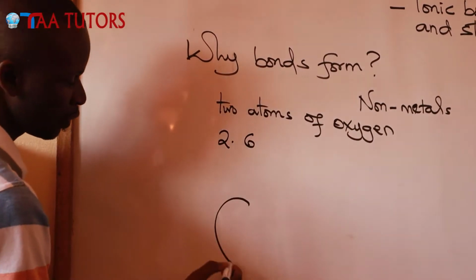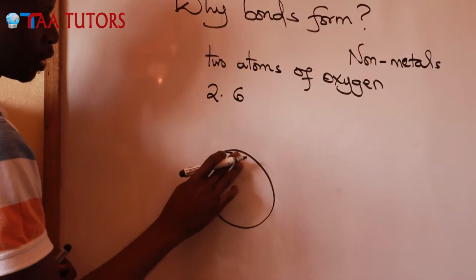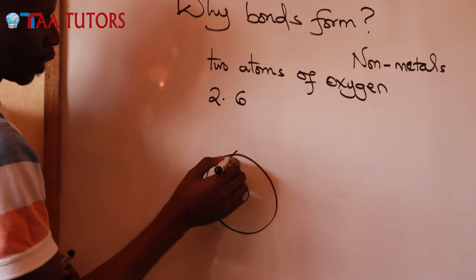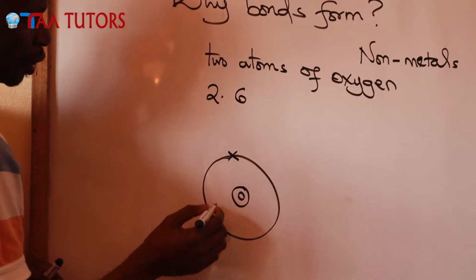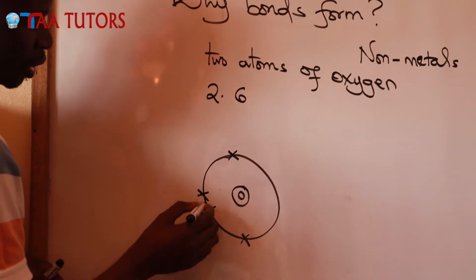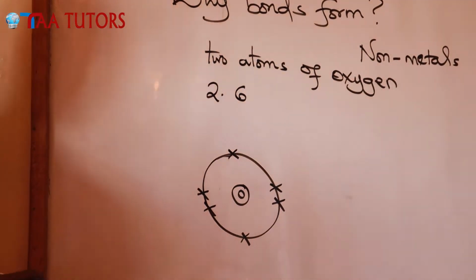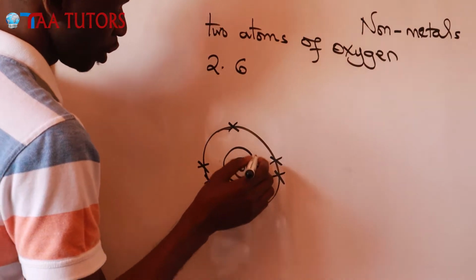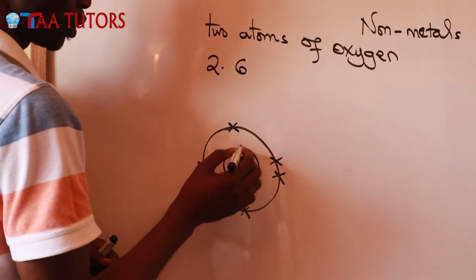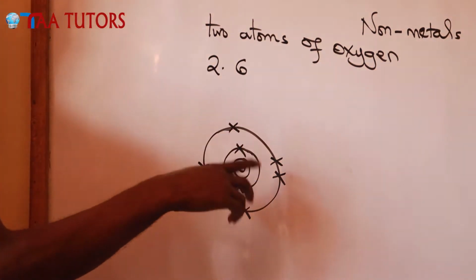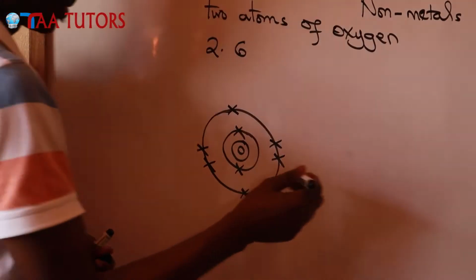If I have this one as the atom of oxygen, I'll put 6 electrons in the outer energy shell. I don't want to indicate the inner energy shell because, as I said earlier, we only indicate the electrons of the outer energy shell.